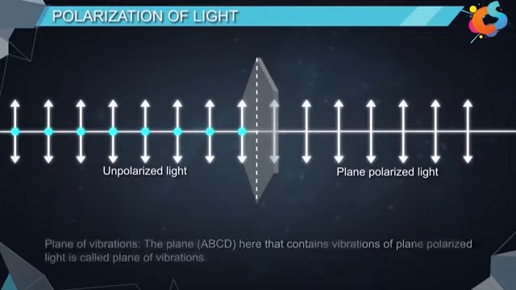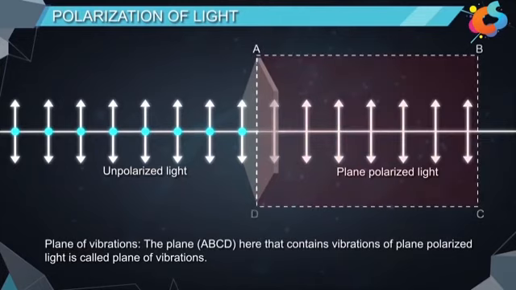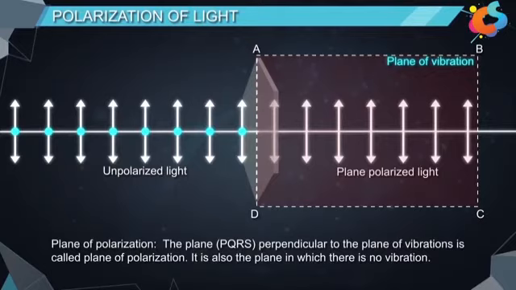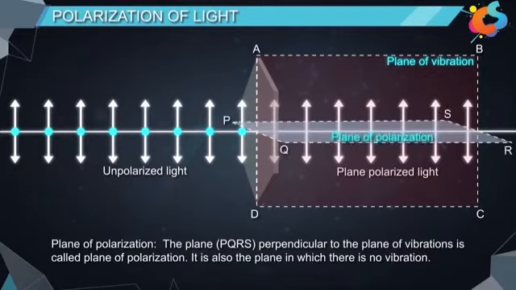Now, let us learn about two important terms used in this topic. One, plane of vibration. The plane ABCD here that contains vibrations of the plane polarized light is called plane of vibrations. Number 2, plane of polarization. The plane PQRS perpendicular to the plane of vibration is called plane of polarization.